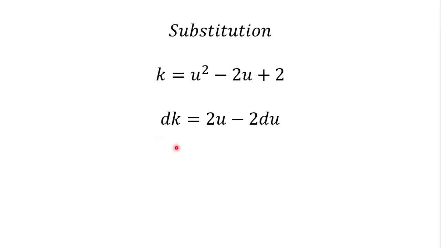We are letting k be equal to this. When we differentiate this, we are going to get 2u minus 2 du, and this one will give us the k. Let's factorize this one.